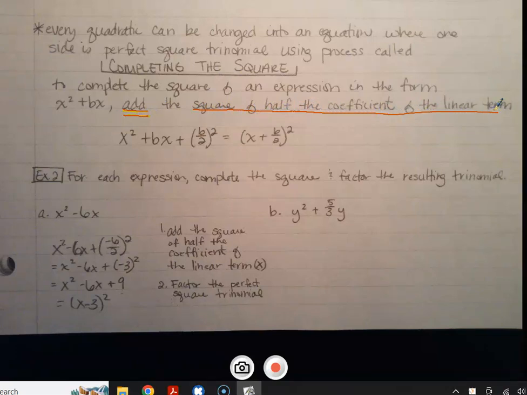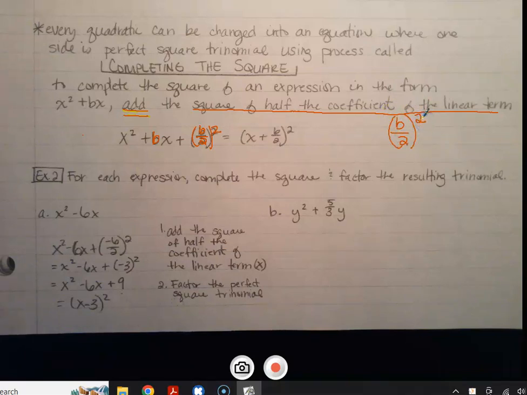So we're going to do half, so that's why it's divided by 2, and squared. b is the linear term, because it's the quantity being multiplied by x. So the square of half the coefficient of the linear term is simply b over 2 squared.